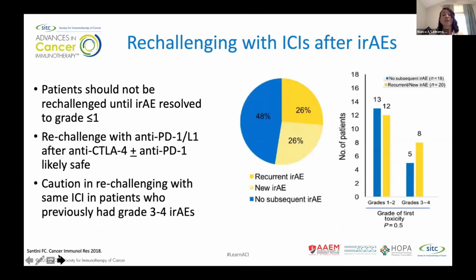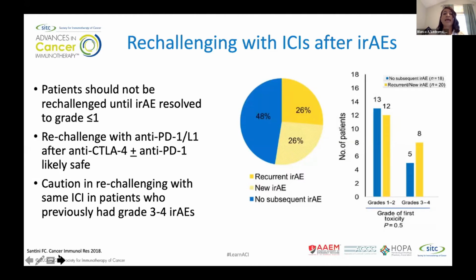Rechallenging with immune checkpoint inhibitors after IRAEs. Here we had patients who had immune checkpoint inhibitor-induced IRAEs that resolved to grade 1 or less, and then they were rechallenged and treated with either PD-L1, PD-1, or anti-CTLA-4.